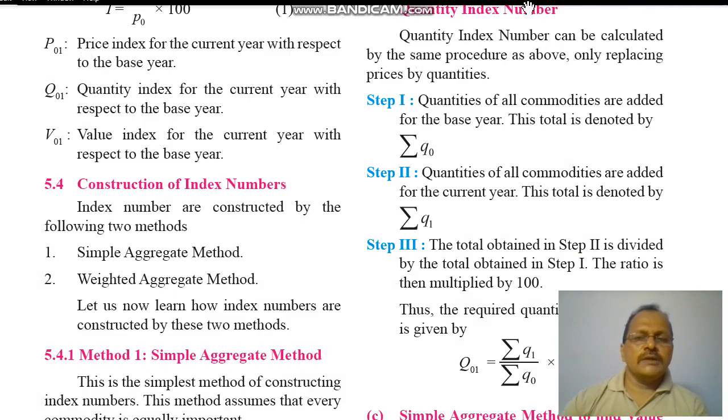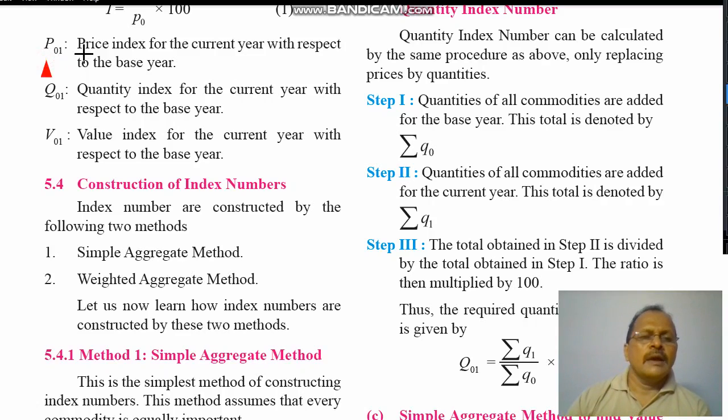In the notation, we are going to use P01 as the price index number for the current year with respect to the base year. P01, price index number with respect to the original or the base year for the current year.